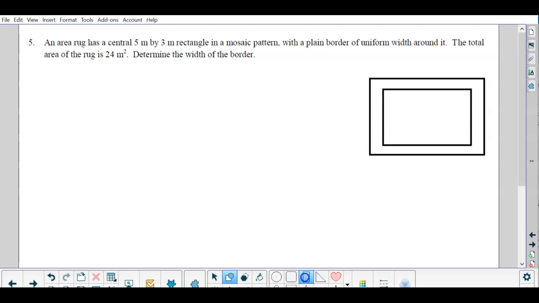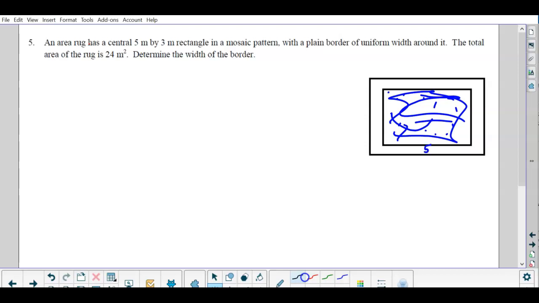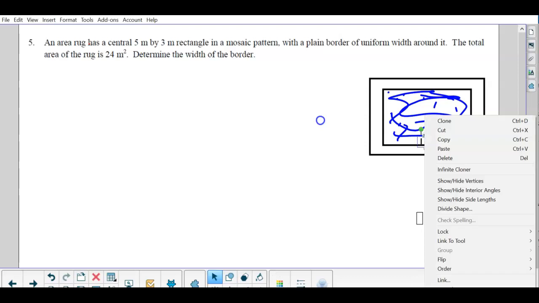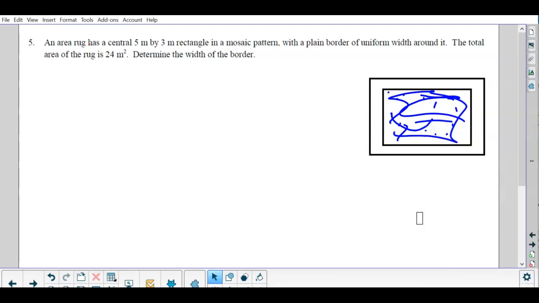Okay. So here's where the pattern is in this one, right? So it has a central rectangle in a mosaic pattern. So that means inside is 5 times 3. Actually, I'll move that more inside. 5 meters by 3 meters.